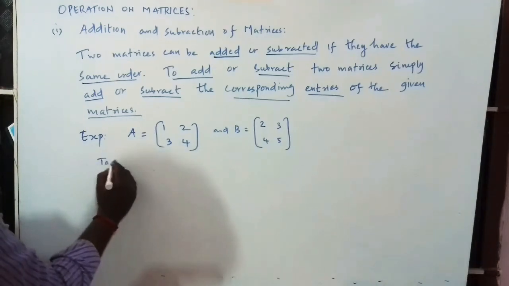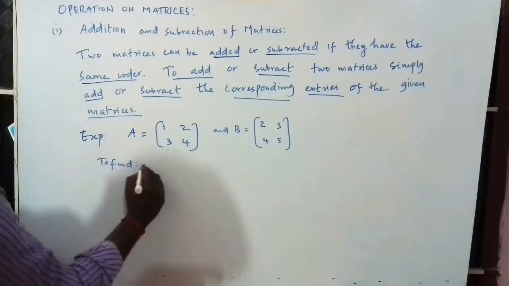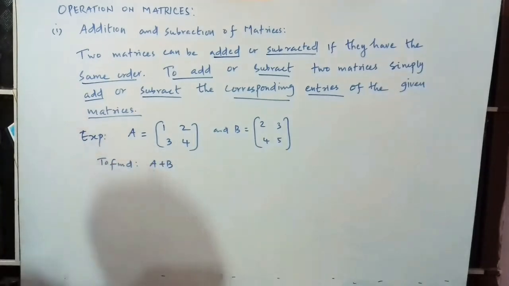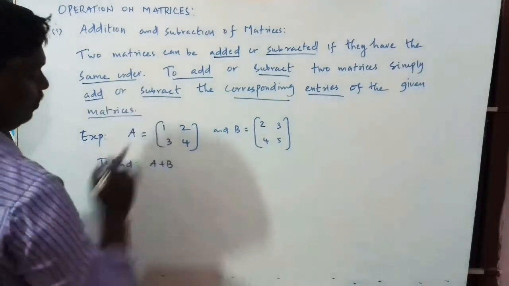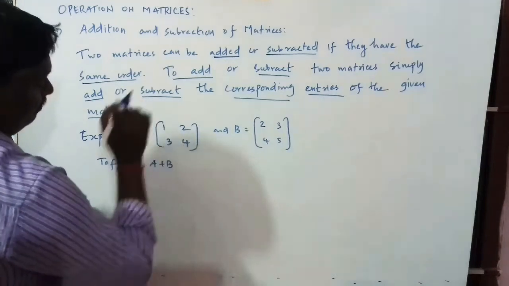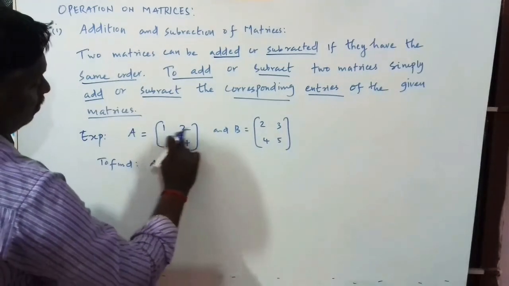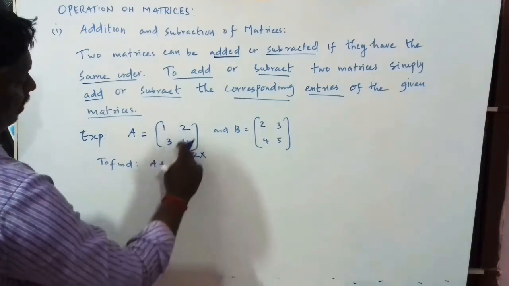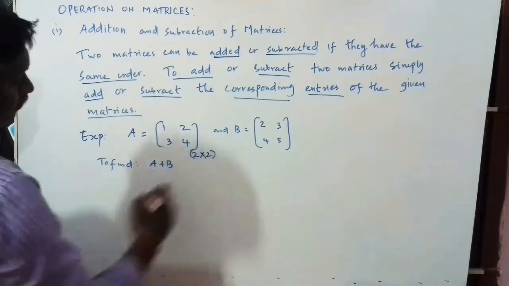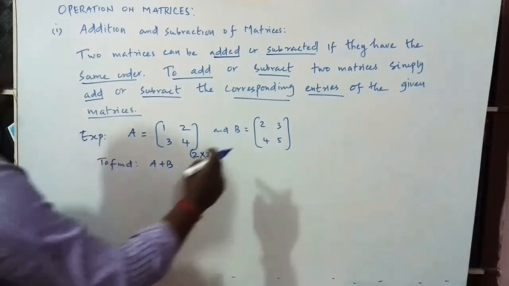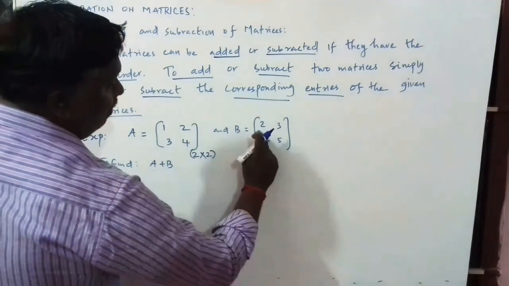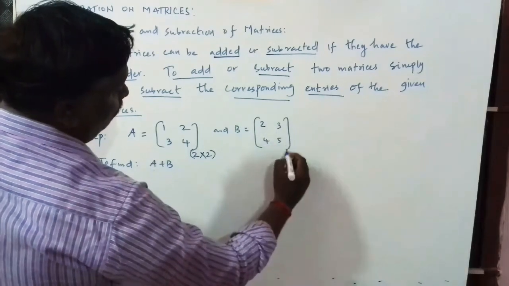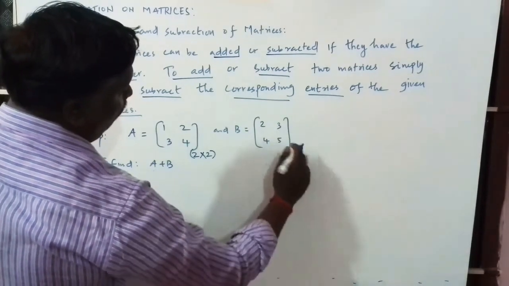To find A plus B. What is the order of matrix A? How many rows? 2 rows. How many columns? 2 columns, so 2 by 2. And the order of matrix B is also 2 rows and 2 columns.